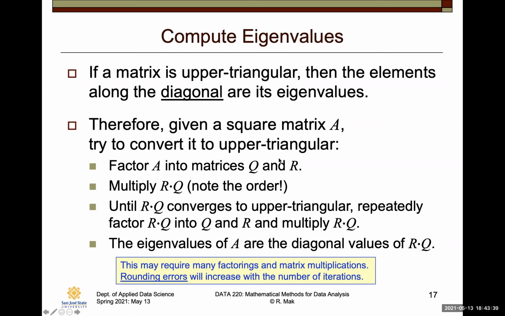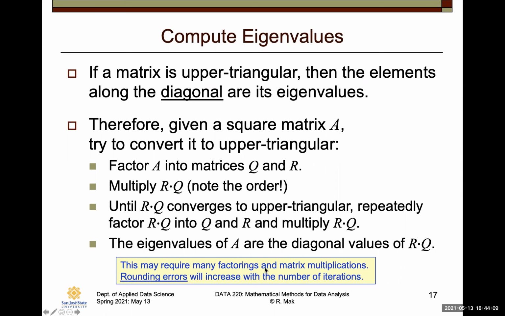Multiplying R times Q gives us a new matrix. We factor that new matrix into Q and R, and then do the multiplication R times Q again. Eventually the R times Q product will converge to an upper triangular matrix.